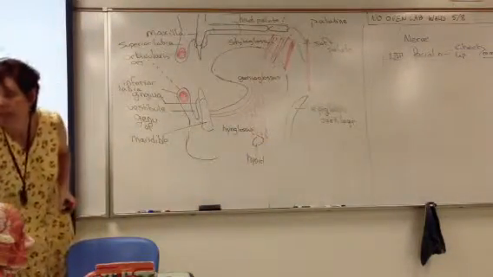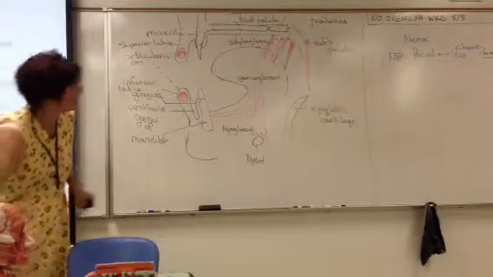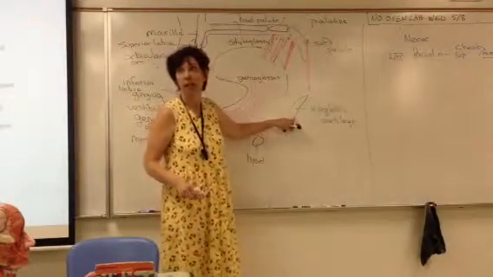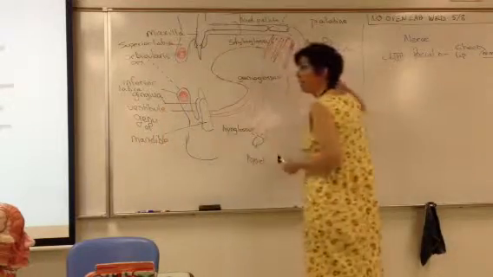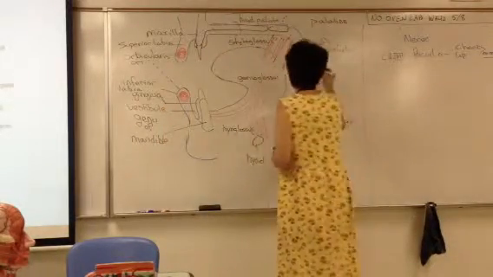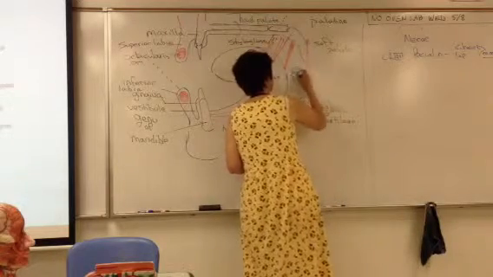Is it attached to the epiglottis? Epiglottis is right here. No. It goes into the wall of the pharynx, into the constrictor muscles. So we'll put our palatine tonsil in here.